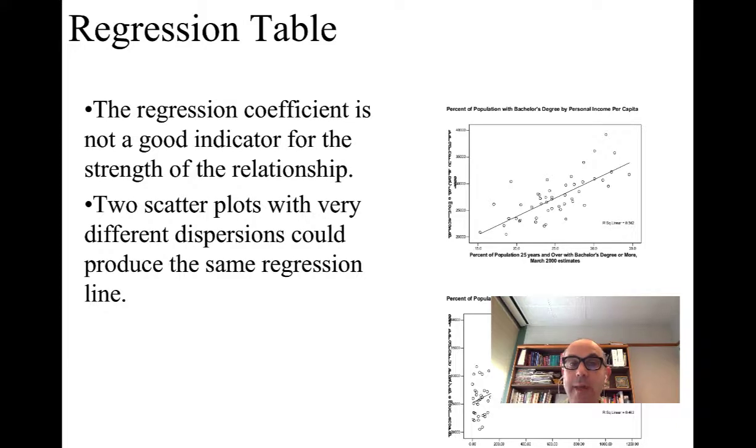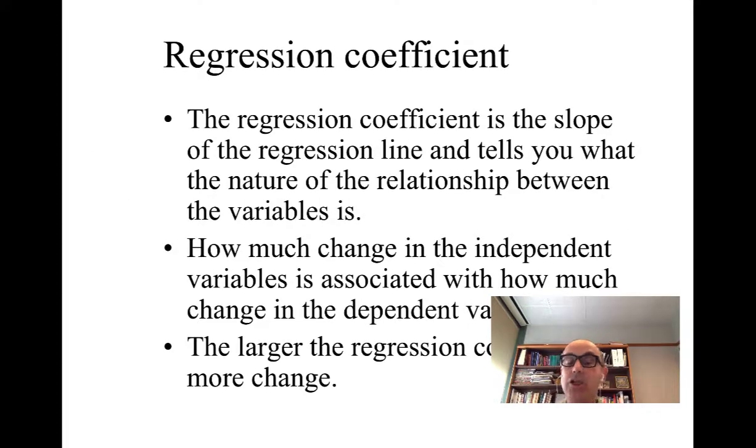The regression table is how we display it and what it really means. The regression coefficient is the slope of the regression line and tells you the nature of the relationship between the variables.